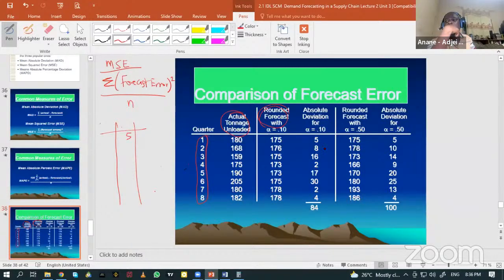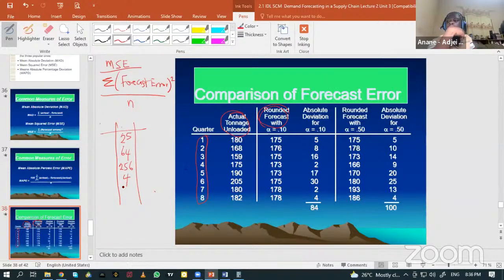What is 8 square? 64. 16 square, 256. Then 2 square will give us 4.